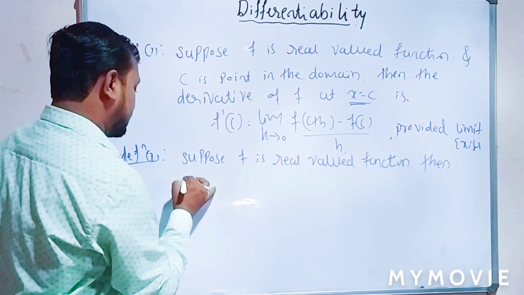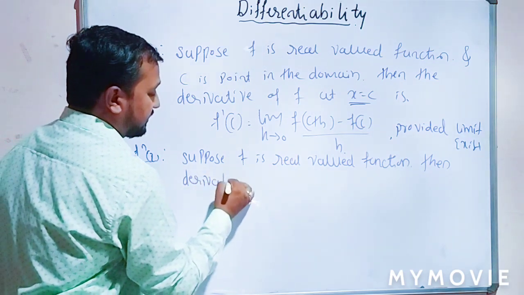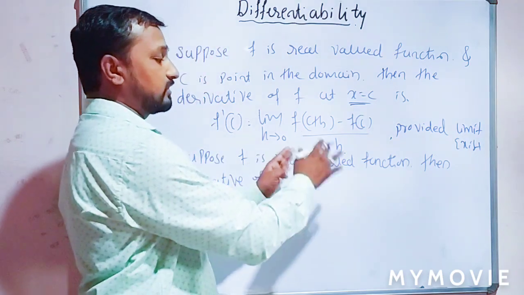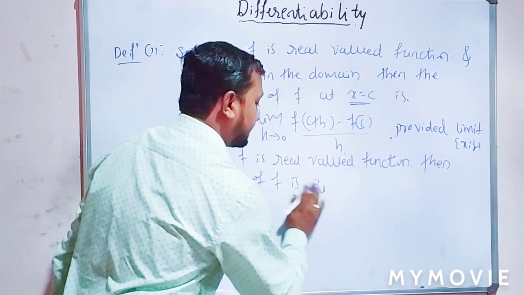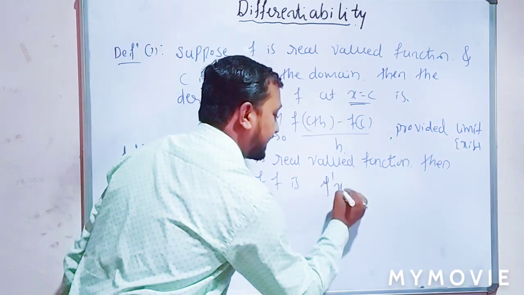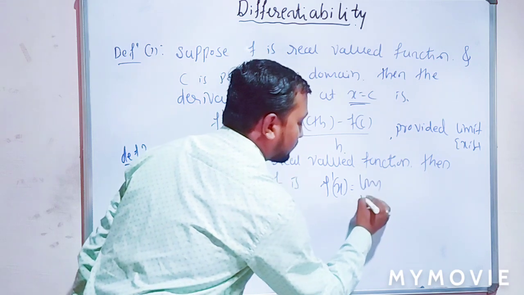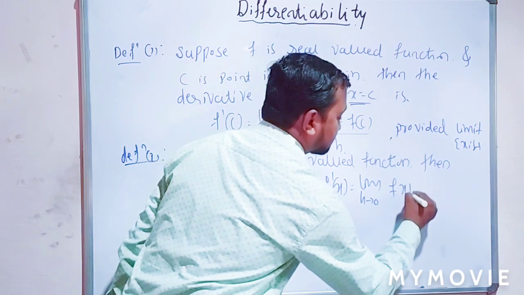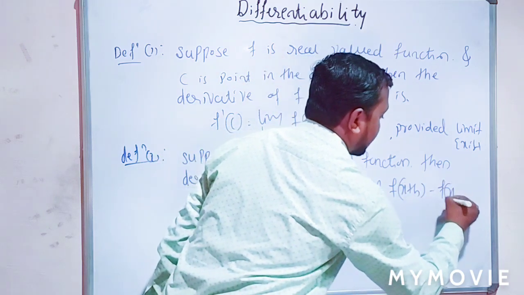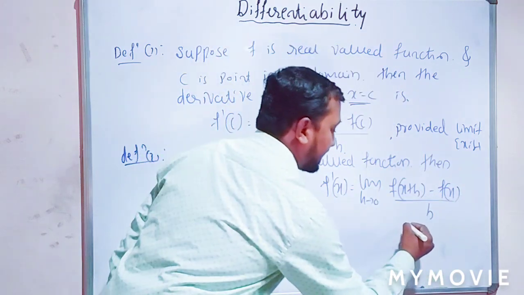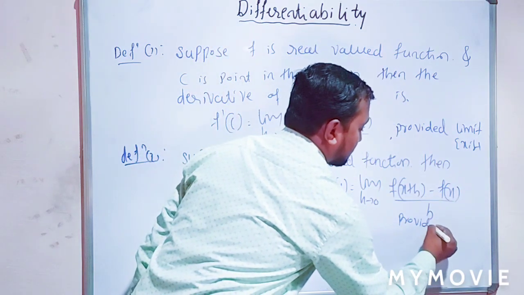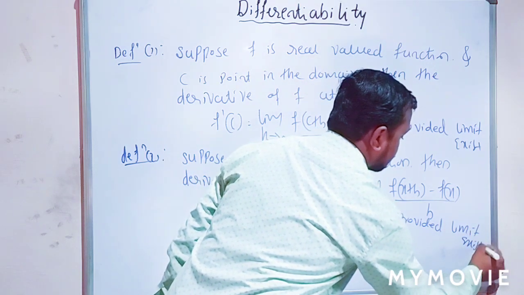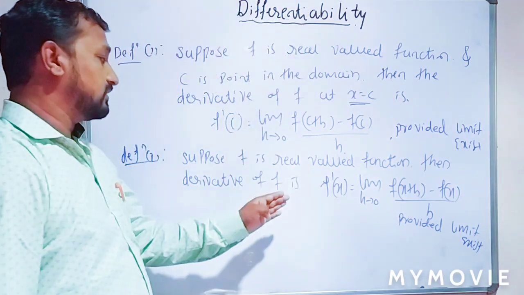Then the derivative of f is given by, this is not at a particular point, f dash of x is equal to limit of h tends to 0 of f of x plus h minus f of x divided by h, provided the limit exists. So this is also one definition.